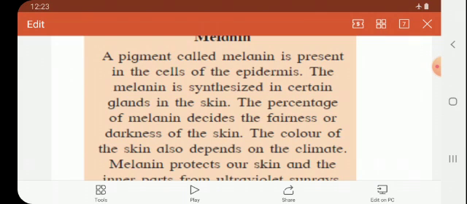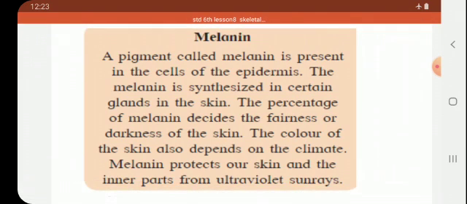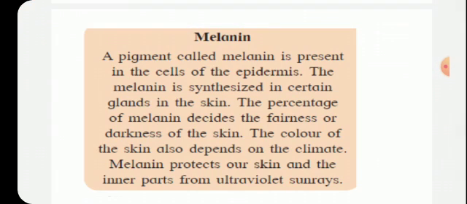In one of those layers, melanin pigment is present. Melanin is synthesized in certain glands in the skin. The percentage of melanin decides the fairness or darkness of the skin.